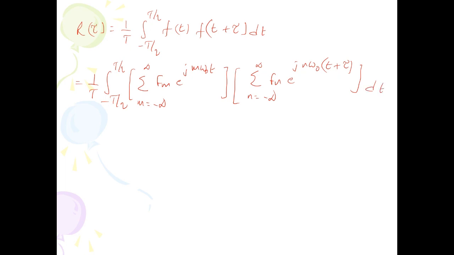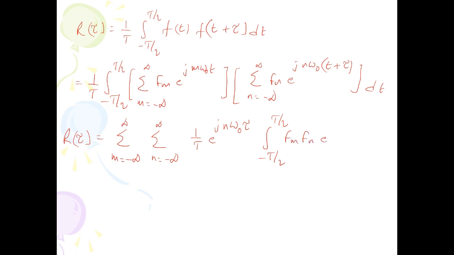So changing the order of integration and summation, R of tau is equal to summation m is equal to minus infinity to plus infinity and summation n is equal to minus infinity to plus infinity, 1 by T e power j n omega naught tau integral minus T by 2 to T by 2 f_m f_n e power j (m plus n) omega naught t dt.